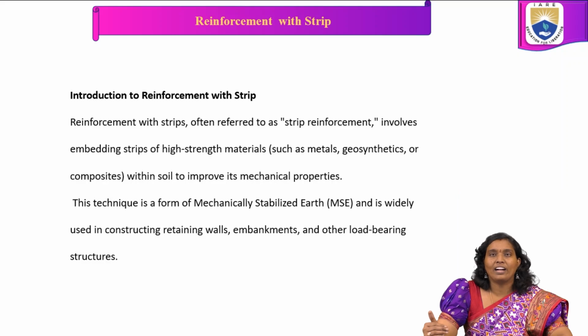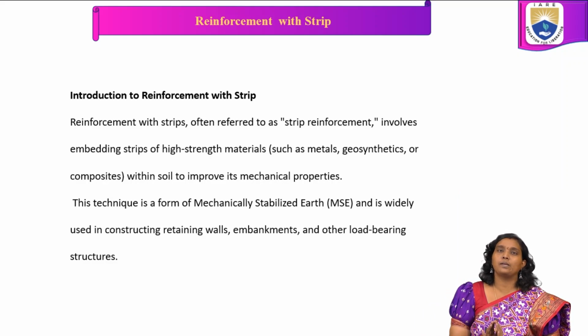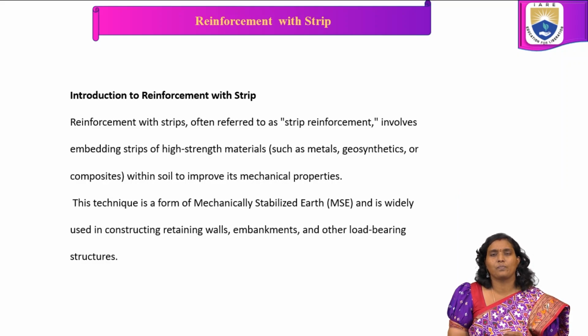Now, we have to understand what is reinforcement with strip. Reinforcement with strip is referred to as strip reinforcement. It involves embedded strips of high strength materials, which may be metals, geosynthetics or composites, within the soil to improve its mechanical properties.